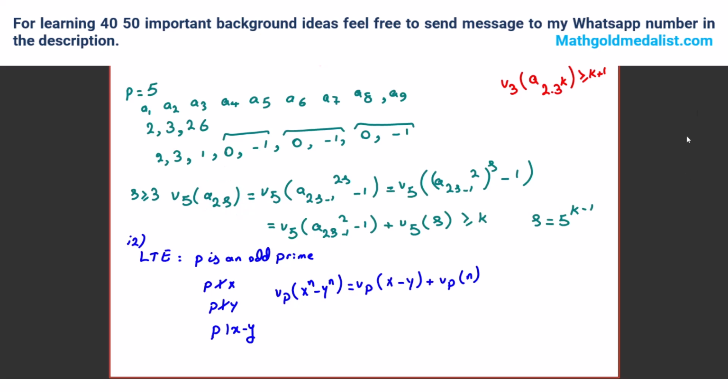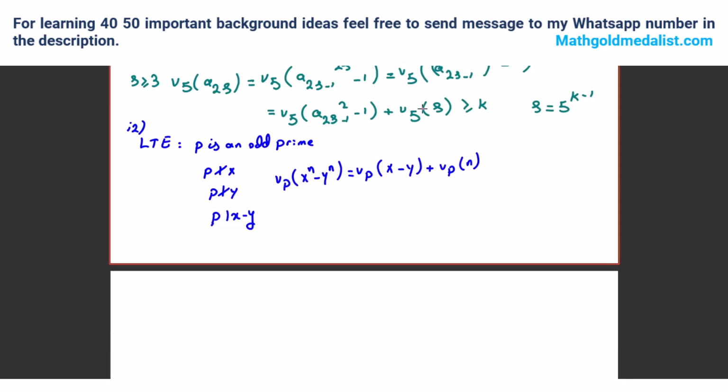Let's check one more prime, 7, and then we will generalize it, okay? If we check for 7, p equals 7.